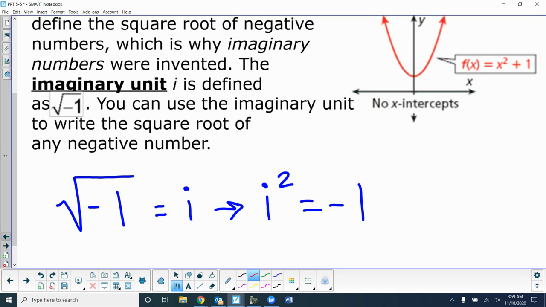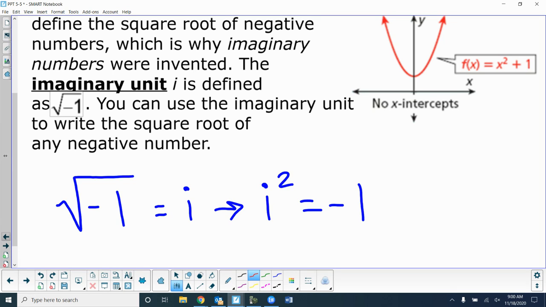Okay, so now we've got non-real or imaginary numbers. We can finish a problem that has a square root of a negative. If the square root of negative 1 is i, that means i squared equals negative 1, just like the square root of 25 is 5, because 5 squared is 25. So you need to learn this. Memorize it. Remember it.